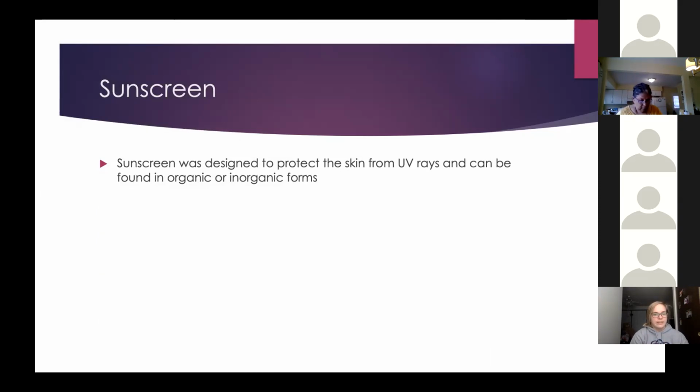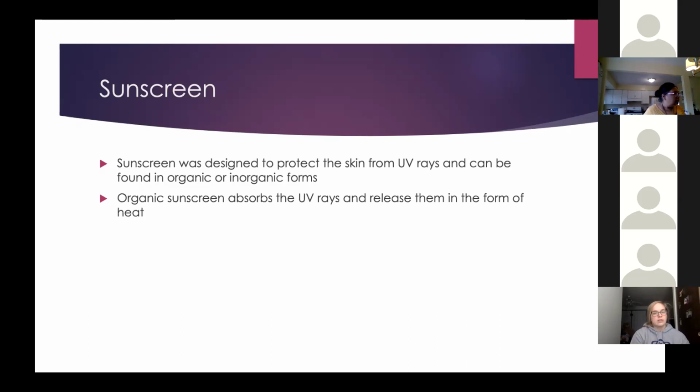So they created sunscreen to protect the skin from UV rays, and there's both organic and inorganic sunscreen. Organic sunscreen will actually absorb the UV rays and then release them in the form of heat. But then inorganic sunscreen just reflects the UV rays off of the skin. So essentially organic sunscreen is more effective than inorganic sunscreen.